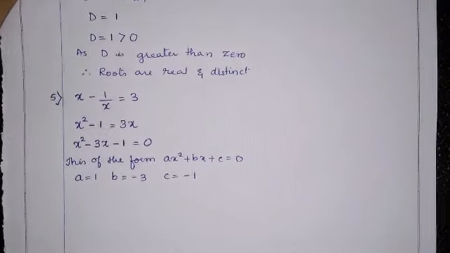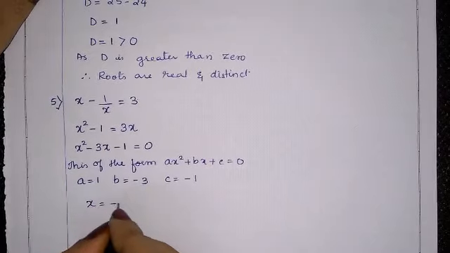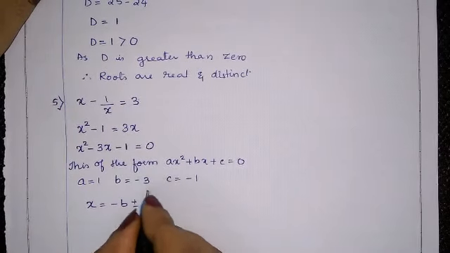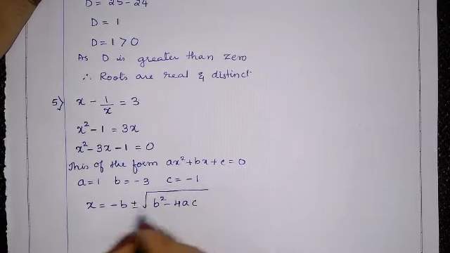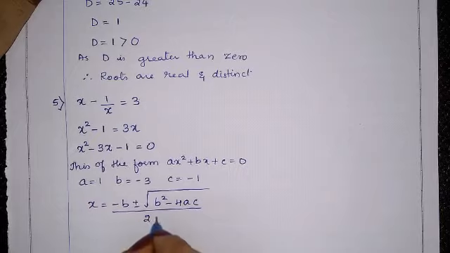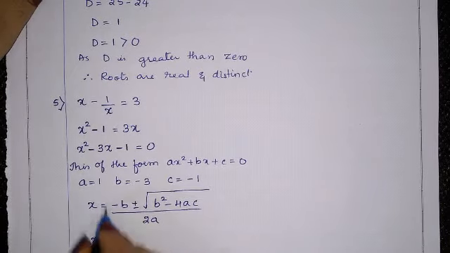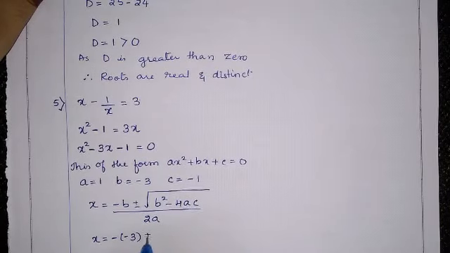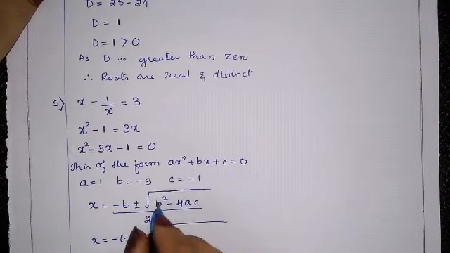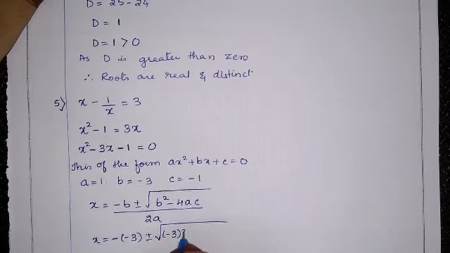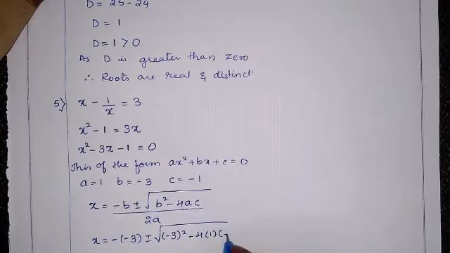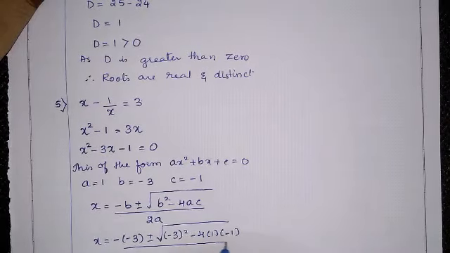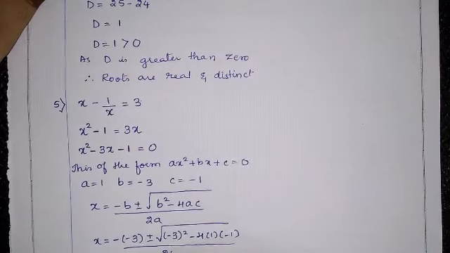Now by formula they have told na, so x is equal to minus b plus or minus root of b square minus 4ac upon 2a. X is equal to minus, formula minus, b value is minus 3 plus or minus root of b square is minus 3 square minus 4, a value is 1, c value is minus 1 upon 2a, a value is 1.